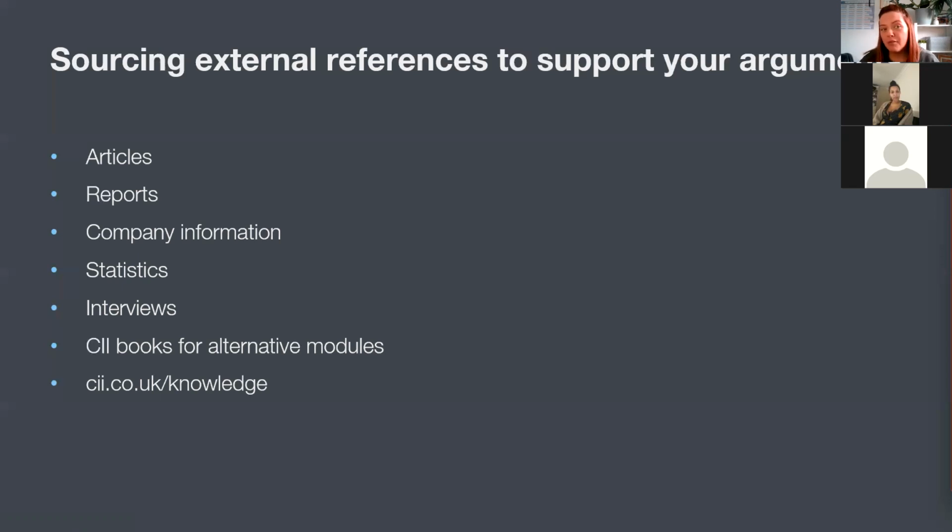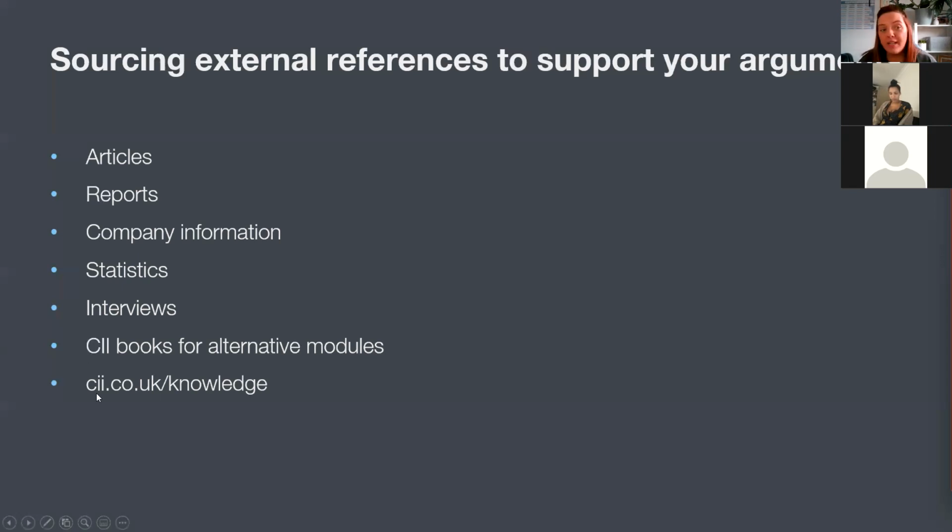Go back to it, have a look through it, see if there's anything you can pull out of that study text. So it's always worth having a look. If you just put into Google CII study texts, it'll come up in the search. You just click on it, log in, and it takes you to a page full of all the books. So that can be really useful. And it's good to have a read and develop a deeper understanding of a topic if it's something you've never looked at before.